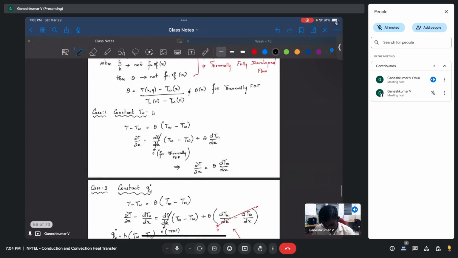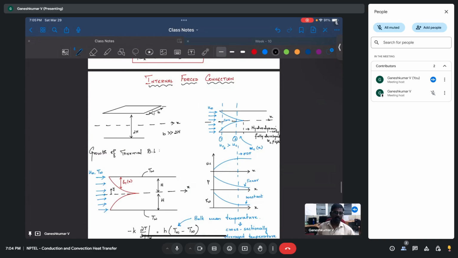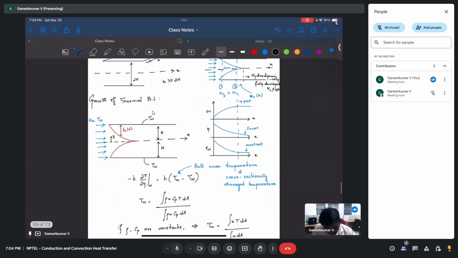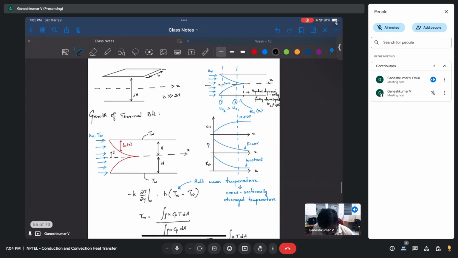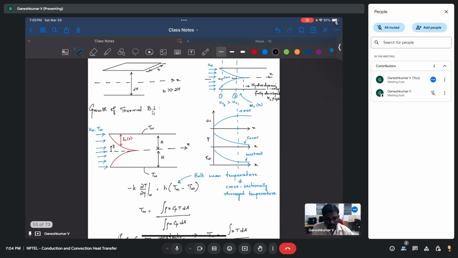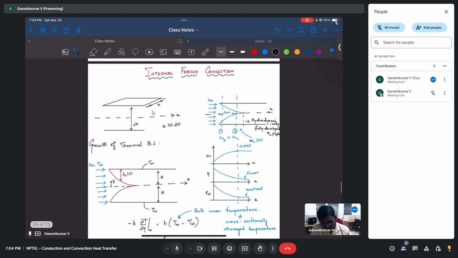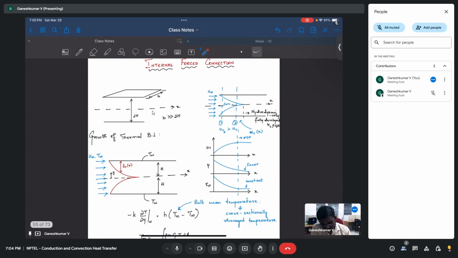So I guess we started talking about internal forced convection in the last week, and we analyzed flow between two parallel plates. Initially you will be having a development of flow, and later the boundary layer starts developing, and at some point the boundary layer merges and it becomes a fully developed flow.